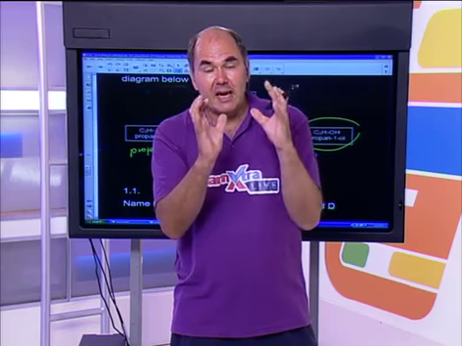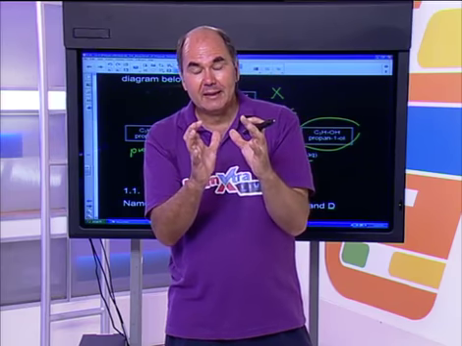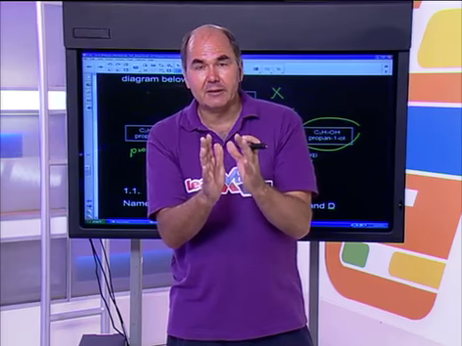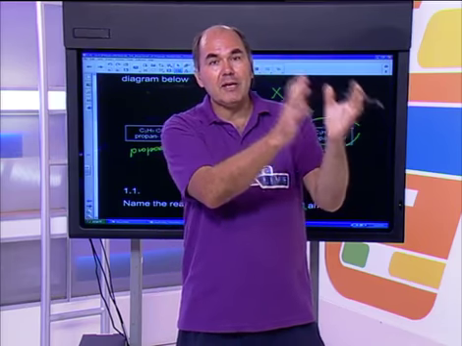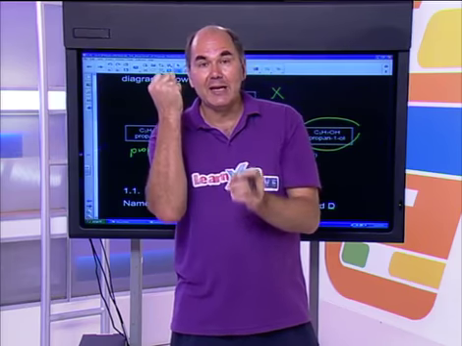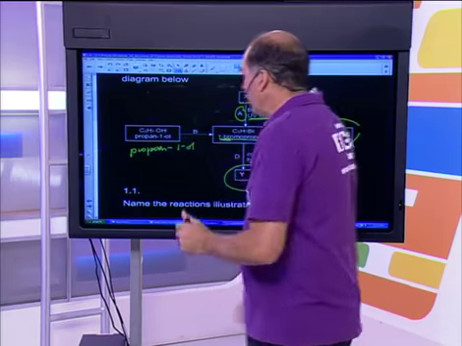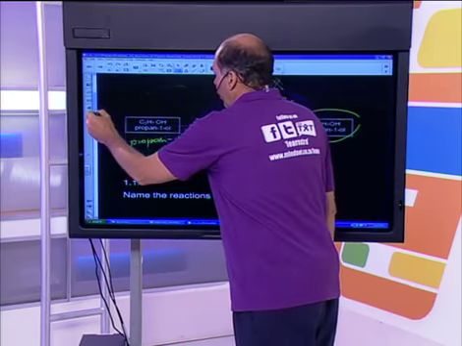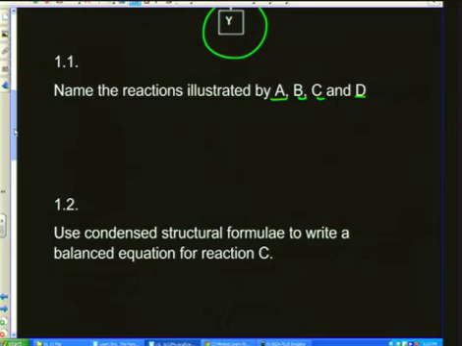Okay? Just saying it's 1-bromopropane. Now, be very careful here. When you've got bromine, UV light is essential. That will only happen when you have got substitution. So A is an example of substitution.